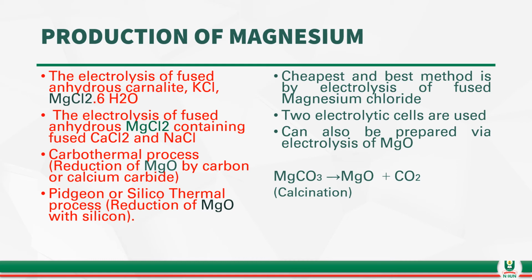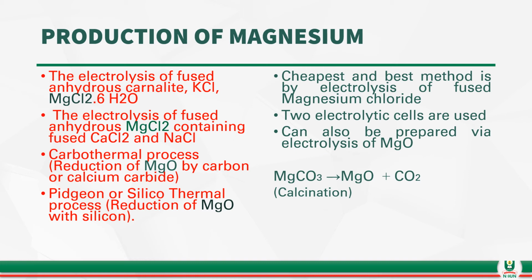Electrolysis takes place in the electrolytic cell and the smaller cell, which is made of steel. When electric current is passed, the electrolysis takes place and chlorine gas will be evolved at the anode. I've said that earlier, but it's just a reminder. And the magnesium metal floats to the surface and is tapped off.